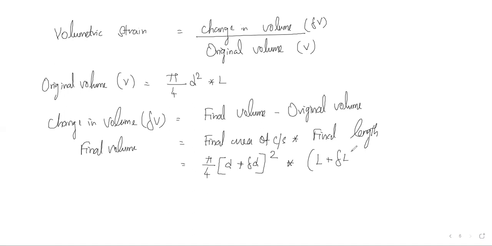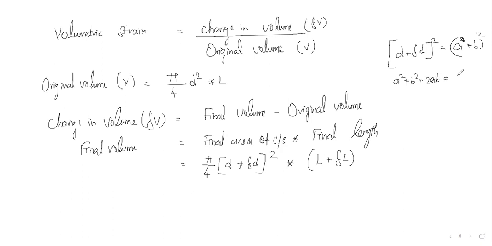Now d plus del d the whole square is nothing but the formula like a plus b the whole square, which is a squared plus b squared plus 2ab.